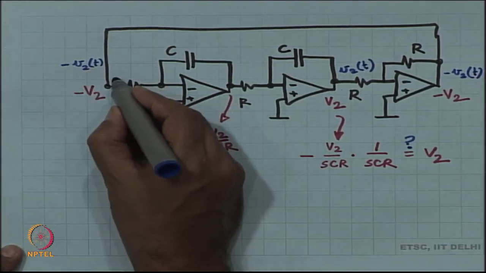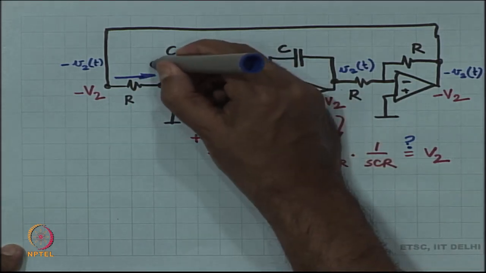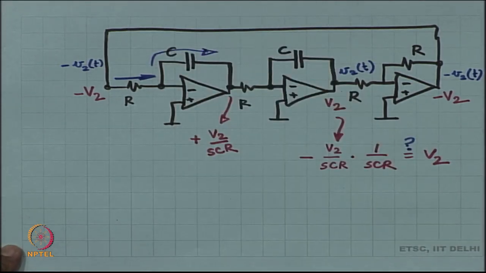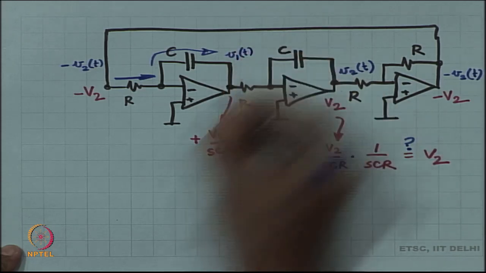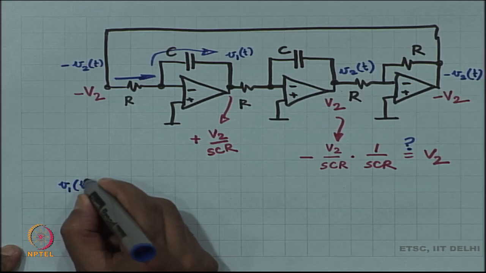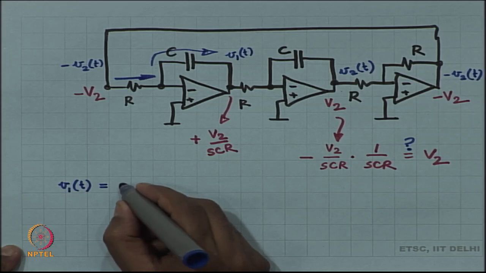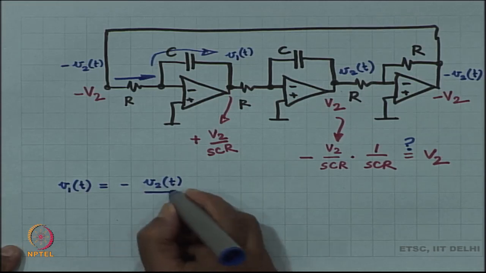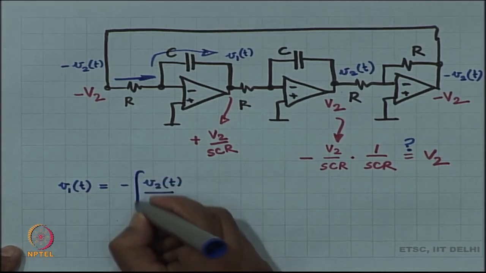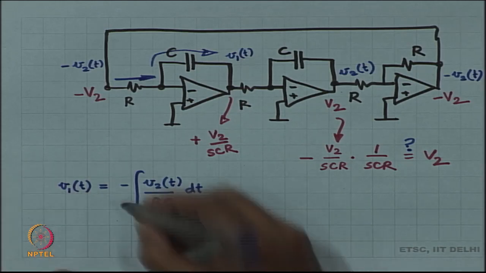So, I have got minus V2 of t that goes through R, and that is pushed through the capacitor. So, this is V1 of t. V1 of t is nothing but minus the integral of minus V2 of t by RC dt, minus of that.